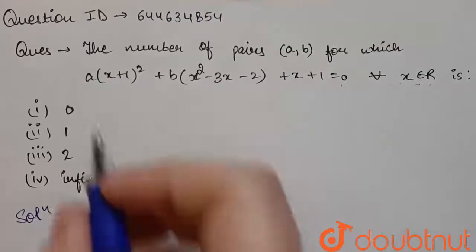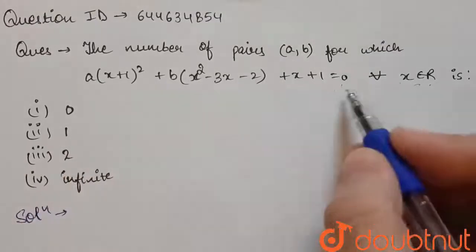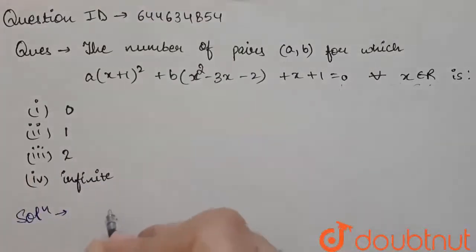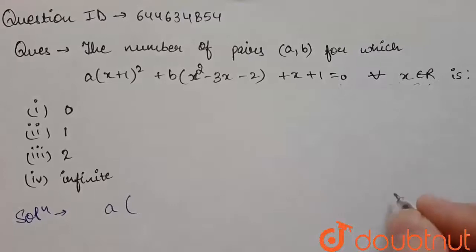For the solution, firstly this is a quadratic equation, so we will simplify it and write it in the standard form. It will be a multiplied by (x + 1)².